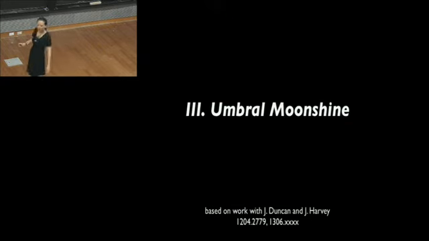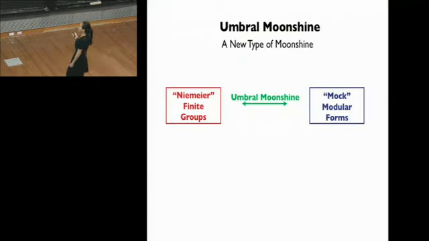Okay, so now I'm going to tell you about my new work, which hopefully will appear next week. What we're proposing is a more general framework we call Umbral Moonshine, which has this M24 story as one example.